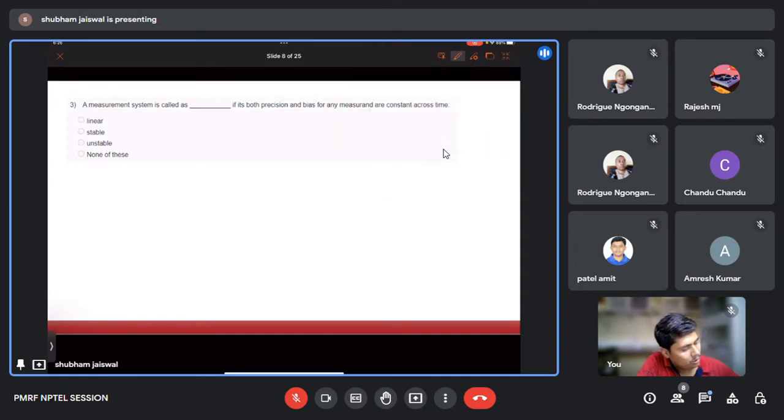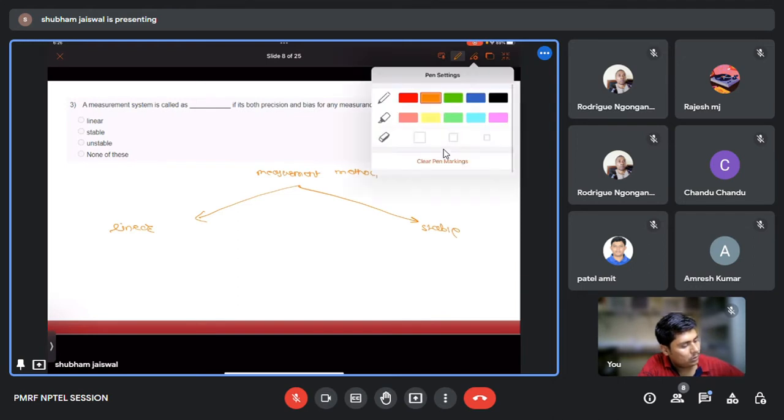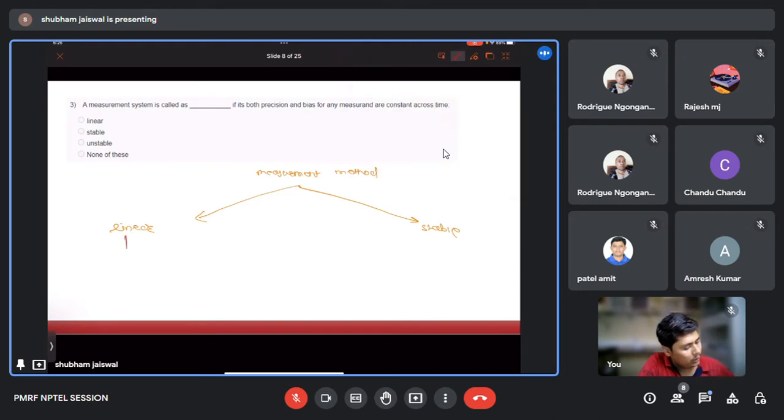In measurement methods, we have seen two: one is linear, and the second one is stable. So, what is linear? If there is no bias. Can anybody tell me what is bias? Anyone? We have seen it in the very beginning of this course.